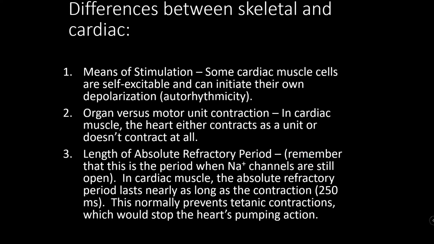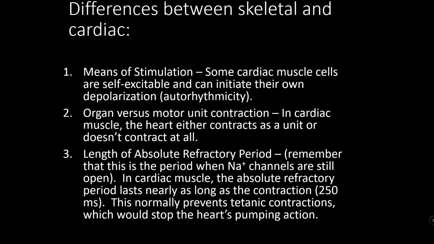Here in the heart, while we do have connection to the nervous system, it just speeds up or slows down the heart. The heart beats on its own. That is called autorhythmicity. We'll define that again later on. So the heart does not need the nervous system to tell it what to do. It needs the nervous system to tell it how fast to go instead.